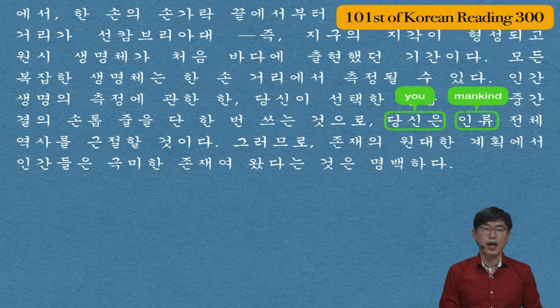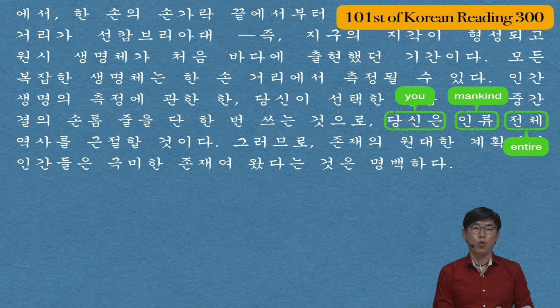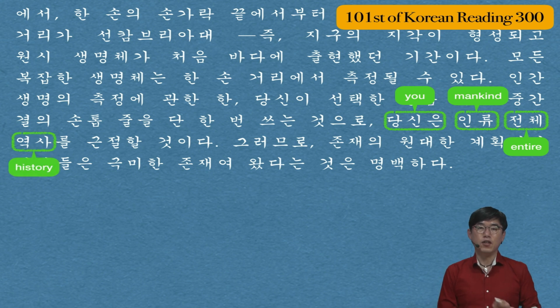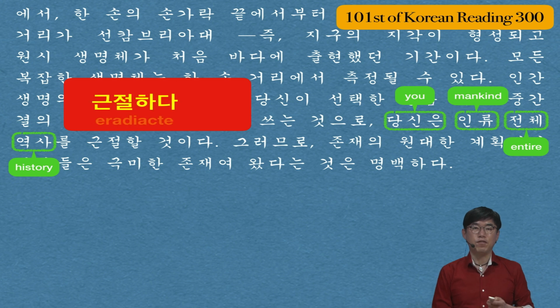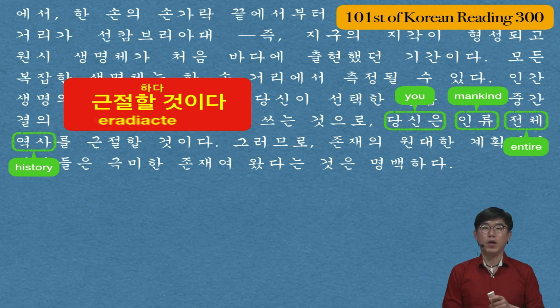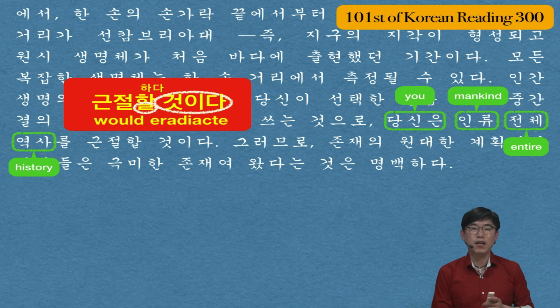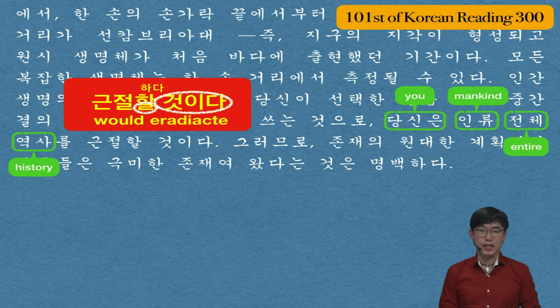인류 is mankind, and 전체 is a whole or entire. And 역사 is a history, and 근절할 것이다 came from 근절하다, which means to eradicate or annihilate. And 리을 것이다 is the same as with, as I said at the first sentence, right?